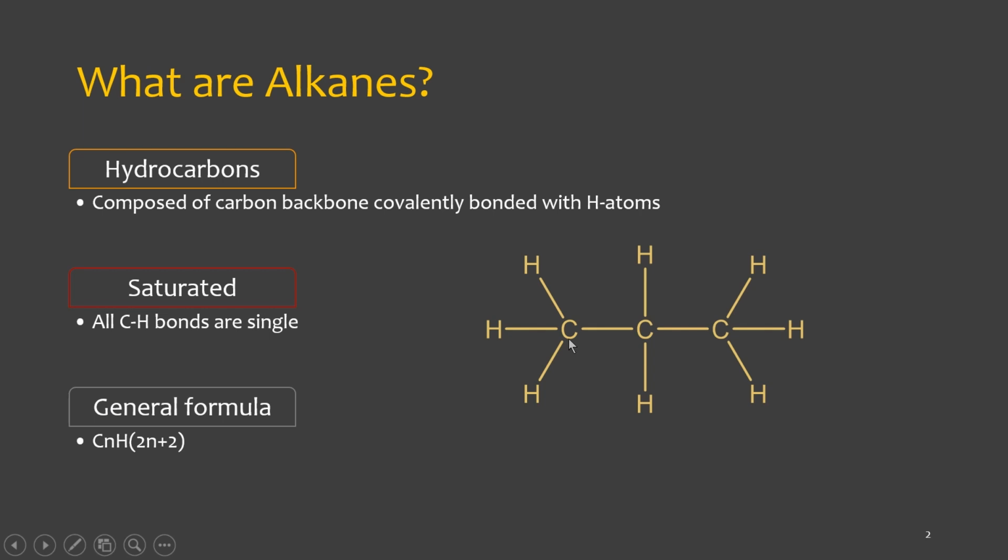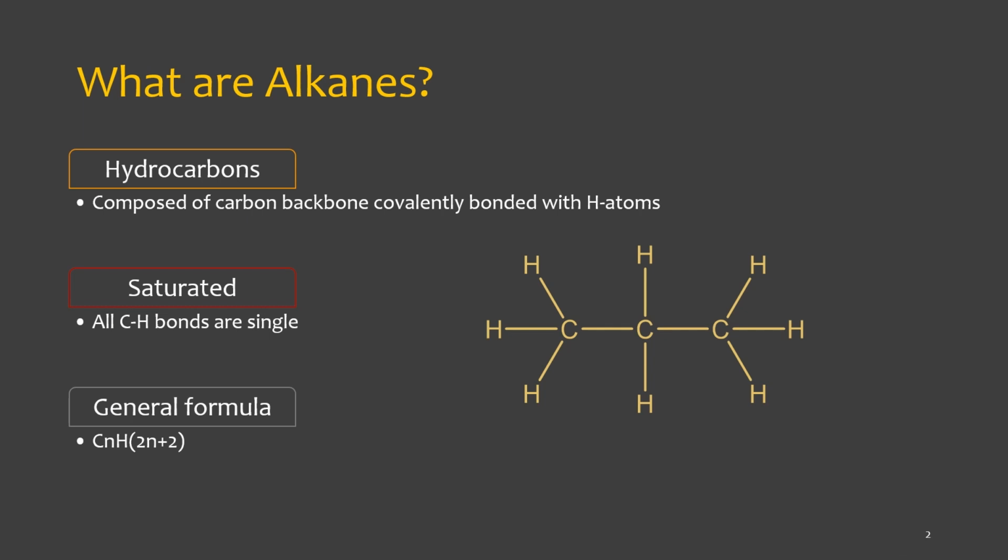It means if the carbon number is 3, 1, 2, and 3, and we place 3 in place of n, 3 twos are 6, 6 plus 2, 8. It means for an alkane having carbon number 3, the number of hydrogens will be 8. We can calculate it from here. 1, 2, 3 carbons. 1, 2, 3, 4, 5, 6, 7, 8 hydrogens.